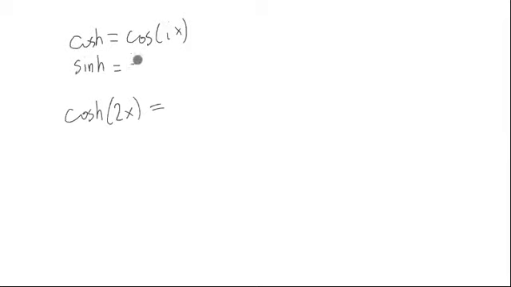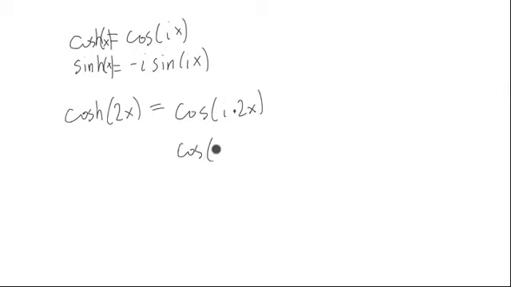So sinh is negative i sine of ix, and we can proceed as follows. So this cosh of 2x will simply be cosine of i times 2x. Okay, so we could think of this as being cosine of 2 times ix.